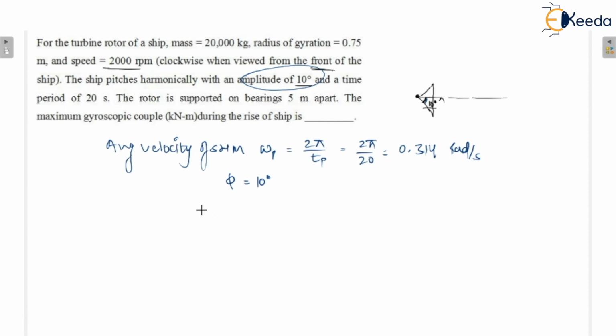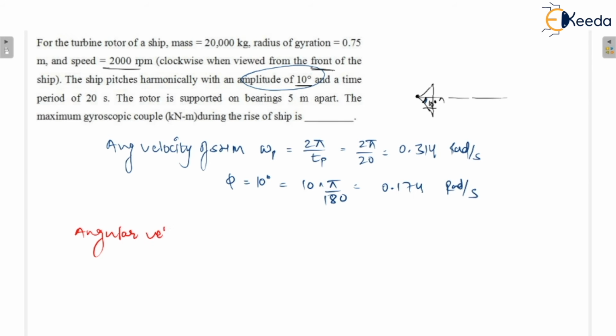Okay, so this is 10 degree and we need to convert into radian. So 10 multiplied by pi by 180, so you will get 0.174 radian.